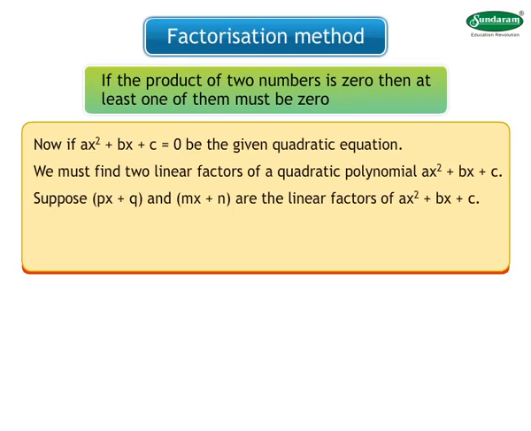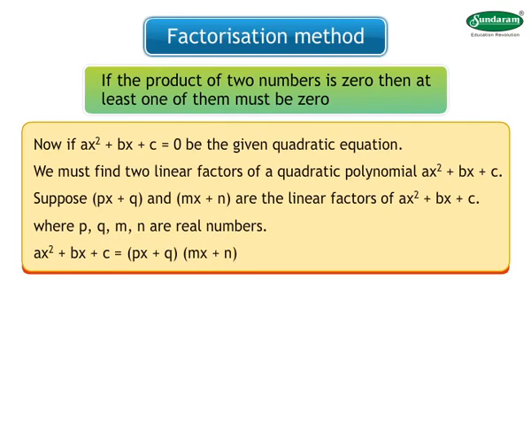Suppose px plus q and mx plus n are the linear factors of ax square plus bx plus c, where p, q, m, n are real numbers. Ax square plus bx plus c is equal to px plus q into mx plus n.